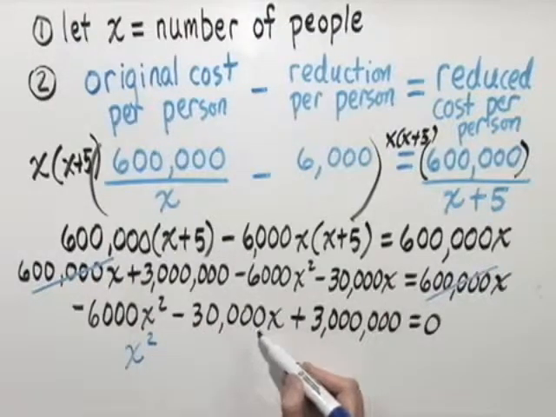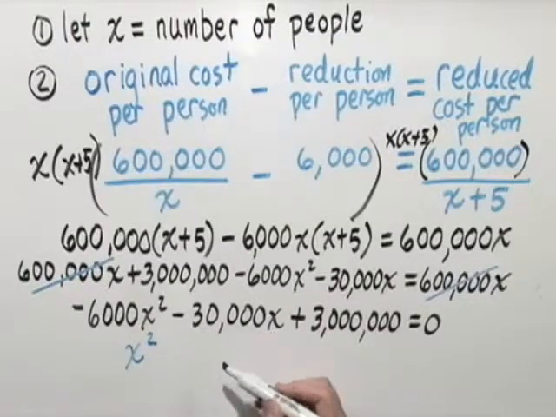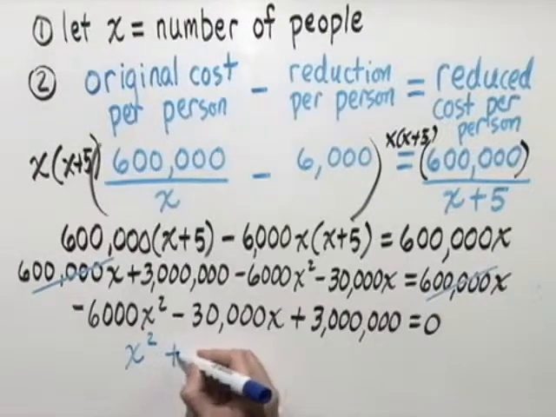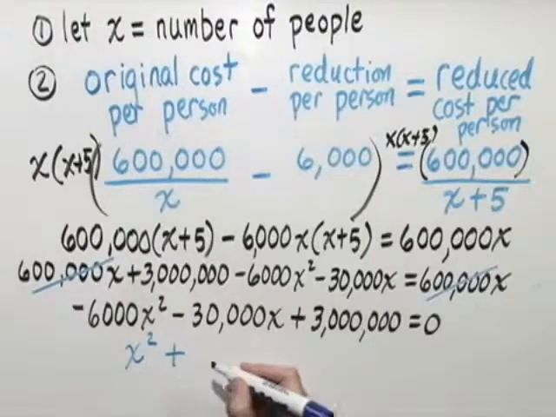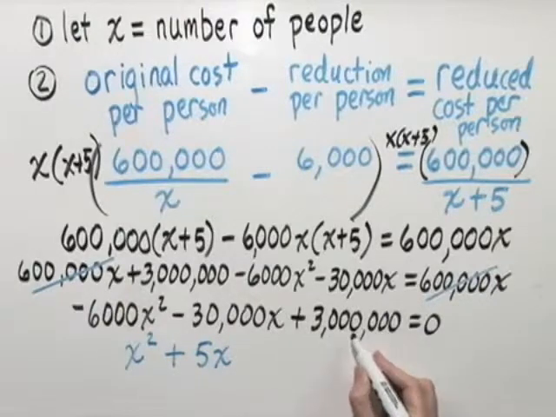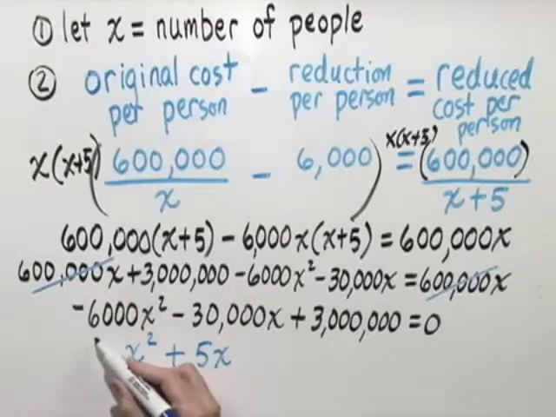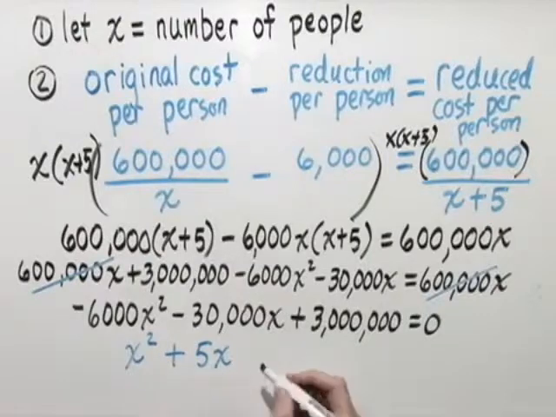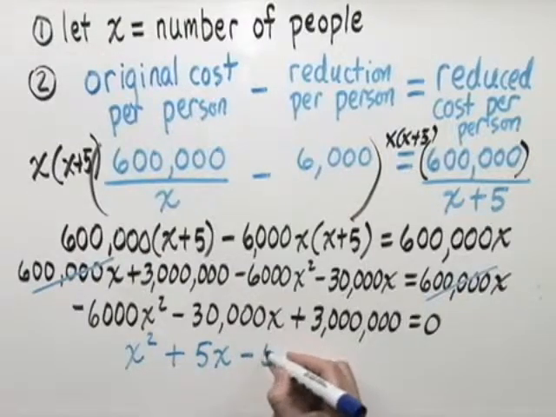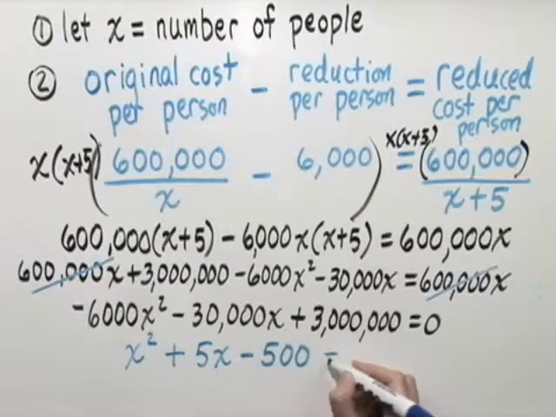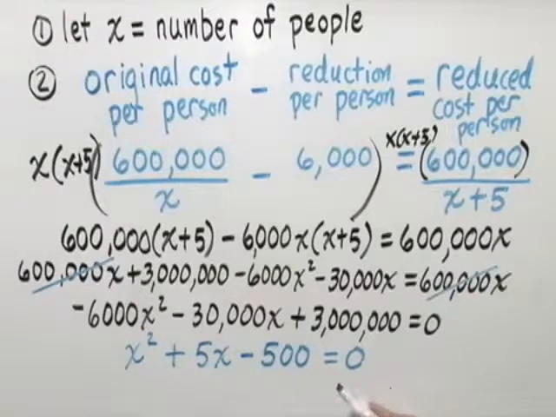I have negative 30,000x divided by negative 6,000, and that will give me a positive 5x. And then plus 3 million divided by negative 6,000 will give me a minus 500 equals 0. Now this is much easier to factor.